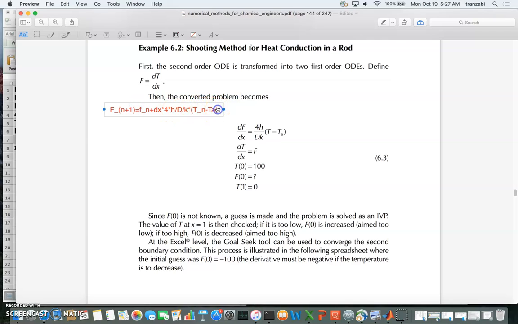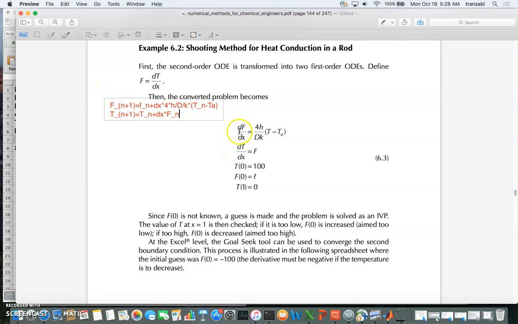You can go ahead and discretize the second one using forward Euler. So which means this guy, right? So then t at n plus 1 is equal to tn plus dx times f at point n.